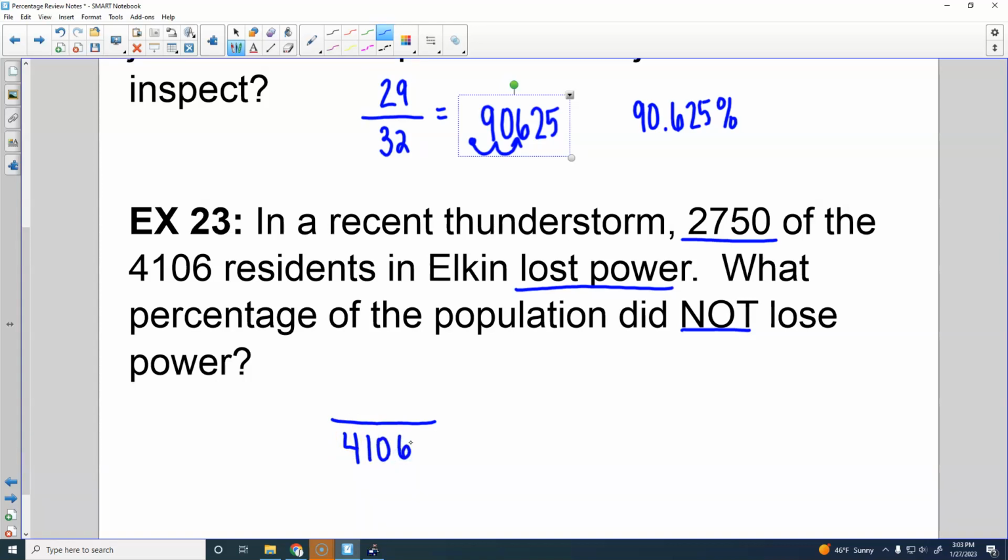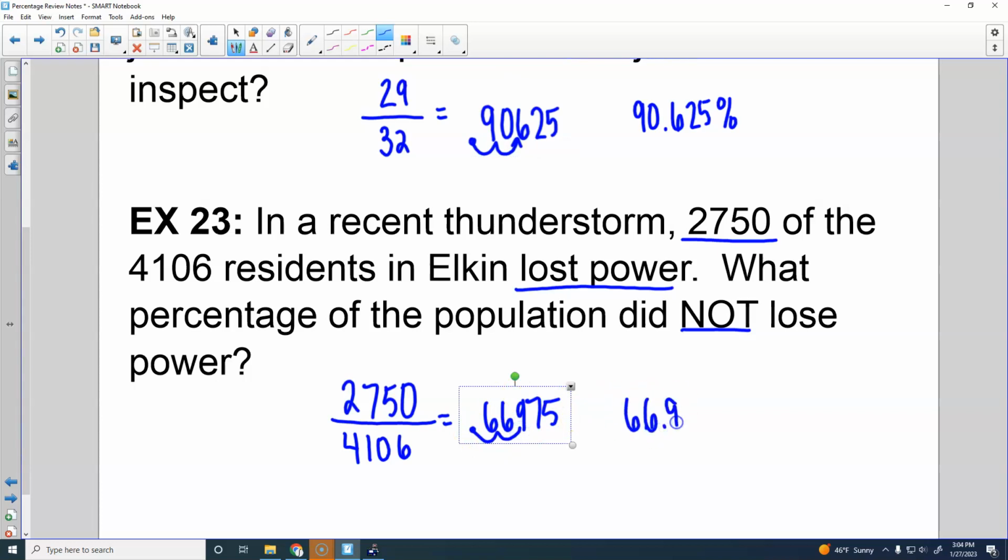Okay, so what you did is you got 0.66975 and so on. You move that decimal two places. You got 66.975%, but these are the ones that lost power.